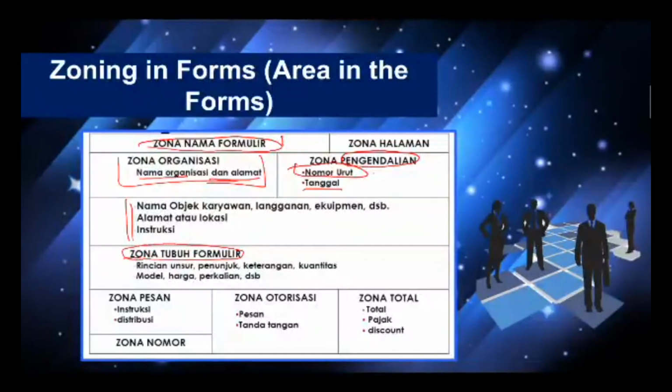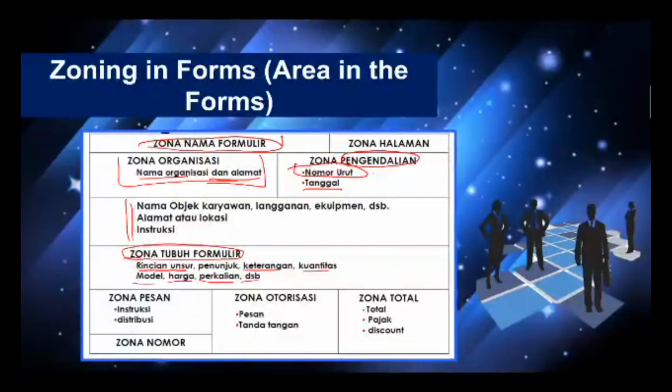The content of the form is about the detailed information: description, quantity, model, price, and the amount, and whatever else you need. It depends on the company.